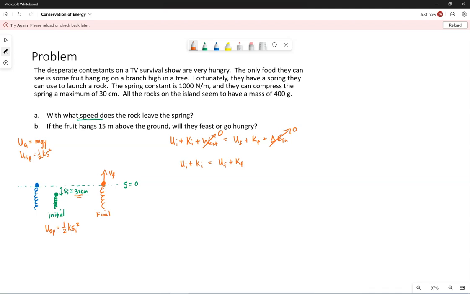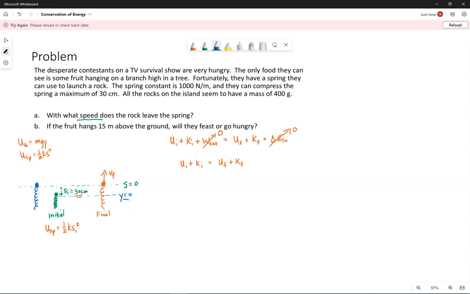Now, gravitational potential energy, mgy: we can choose y to be 0 wherever we want. Oftentimes, it's nice to choose it at the lowest point, though we could totally put y equals 0 at that equilibrium and then y initial would just be negative, that's fine as well.